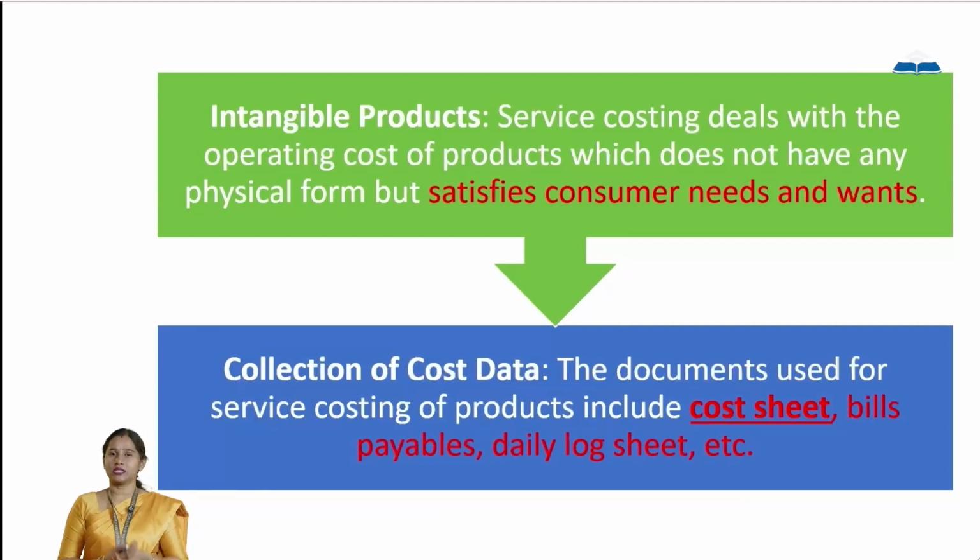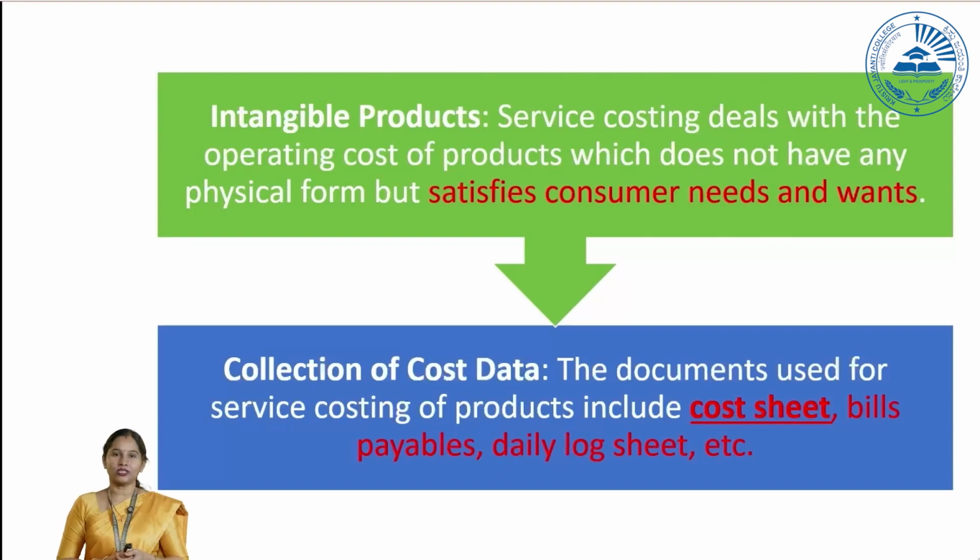It can be furniture, an air conditioner, or a television, but these products have a physical form, so they are tangible products. In service costing, when they do some service, they will surely satisfy their customers' needs and wants, but it does not have any physical form. That is the first and foremost feature of service costing.